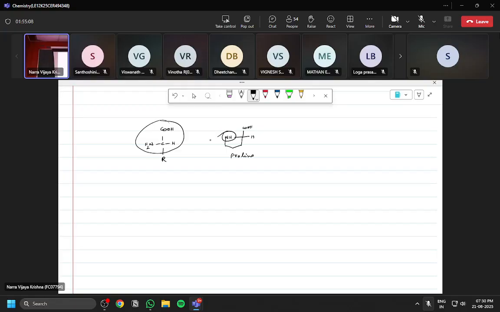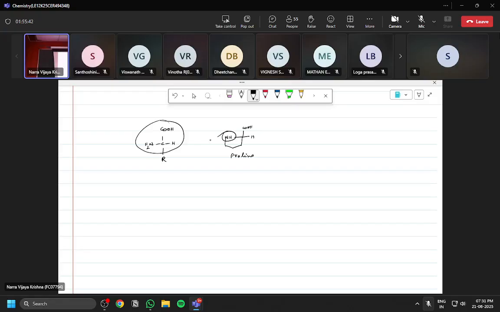In serine, instead of OH, if I write SH, mercaptan, CH2SH, cysteine. If it is a thioether, CH2, CH2, SCH3, methionine. Next, if it has CH2 benzene ring, phenylalanine, and an OH group also, tyrosine, right?